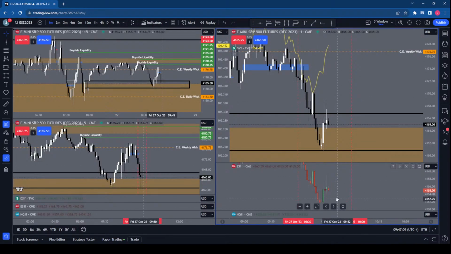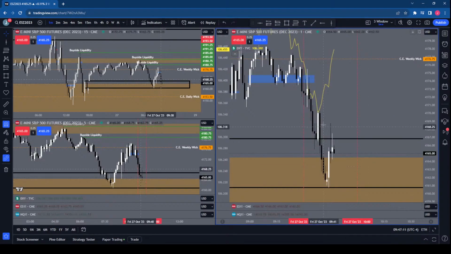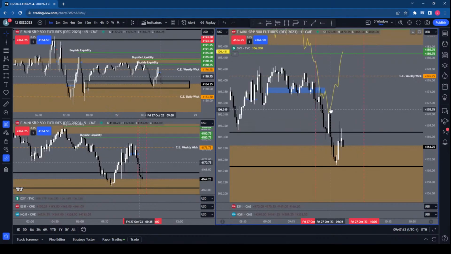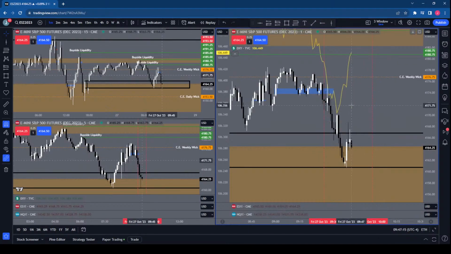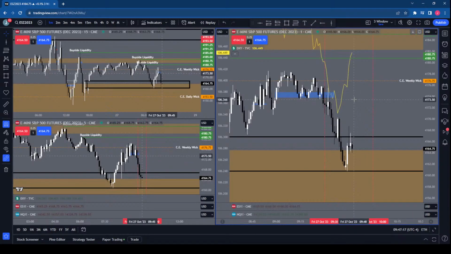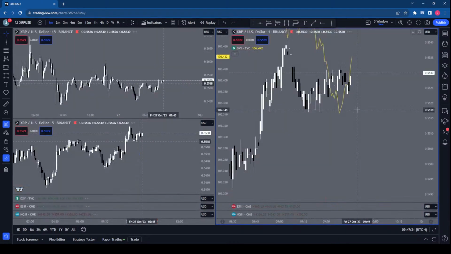It looks like ES is in a sell program, whereas NASDAQ is in a buy program. And it's also interesting because that wasn't like the dollar and this yellow line. The dollar made this significant swing low right here, but before this, ES was dropping with the dollar. Shouldn't happen.